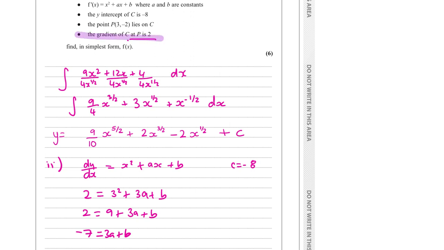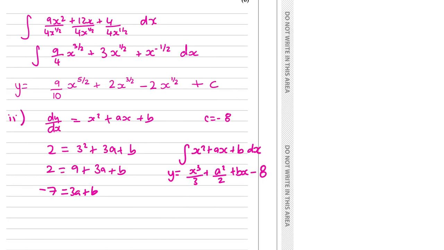Okay, let's integrate it. So if we integrate x squared plus ax plus b with respect to x, we're going to have x cubed over 3 plus a x squared over 2 plus bx plus c, which told us it was -8. Okay, so y equals this. And it tells us that (3, -2) lies on the line. So if I substitute in 3 and -2, we should then get another equation with a and b in, and then we'll have simultaneous equations.